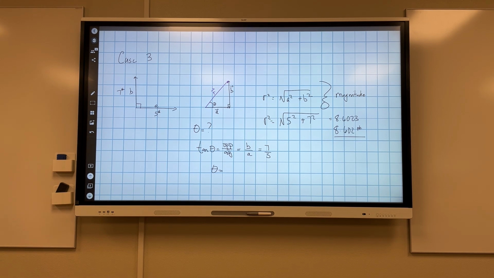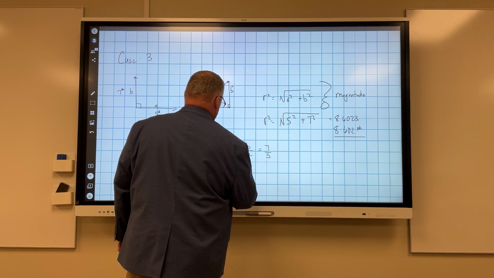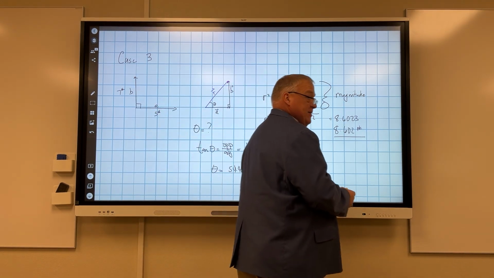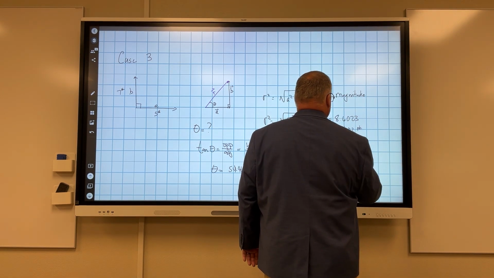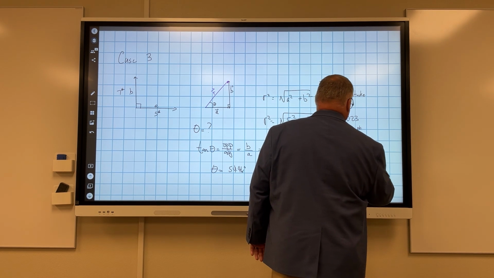So how many degrees is it? 54.46. 54.46 degrees. So we now know by our tip to tail addition, our parallelogram addition, that we have 8.602 pounds at 54.46 degrees.